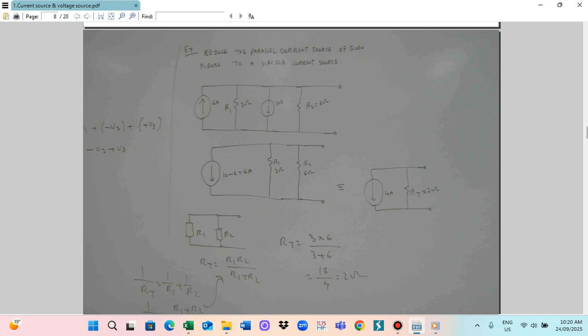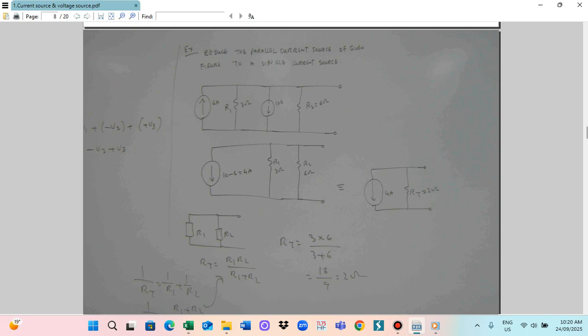Okay, then we have two resistors. Resistor R1 is 3 ohm and resistor R2 is 6 ohm. So the two resistors are now connected in parallel. For the combination, we can use the formula.